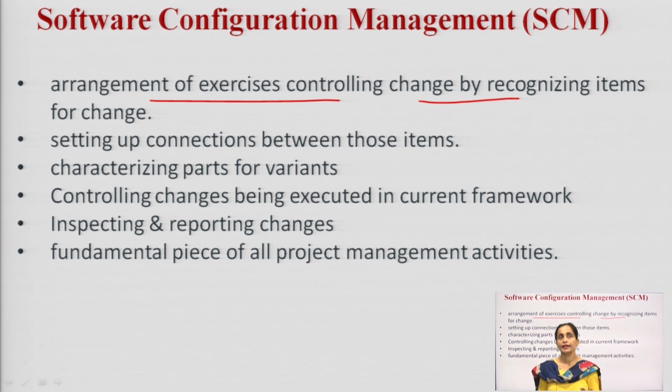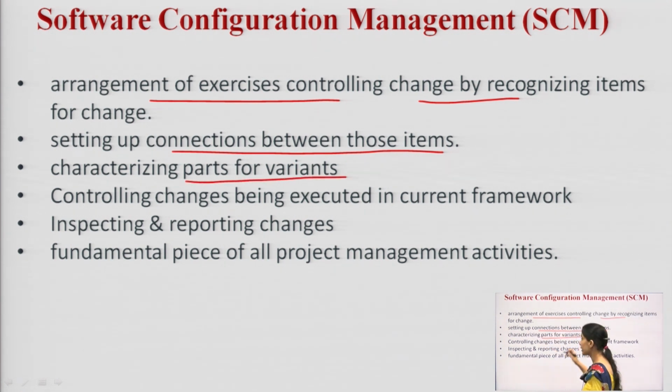That means it is a process that involves setting up the connections between those items that need to be changed. We are going to decide which items in different phases of our SDLC require changes. That means defining the parts for variants in the different phases of SDLC is done in SCM.